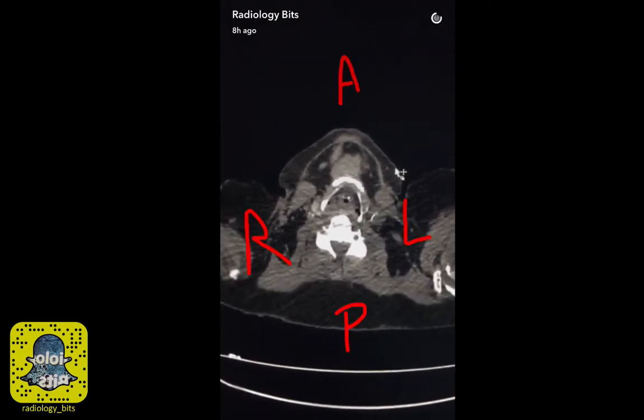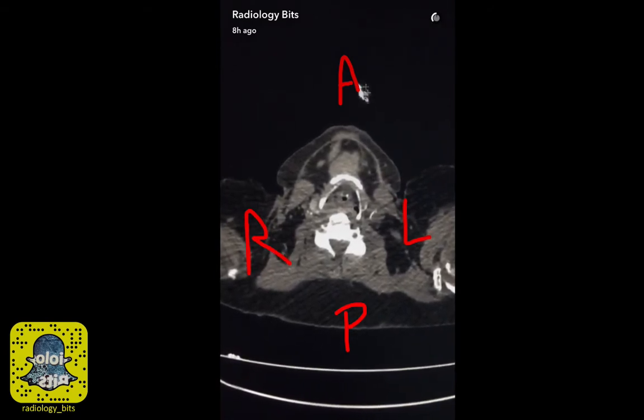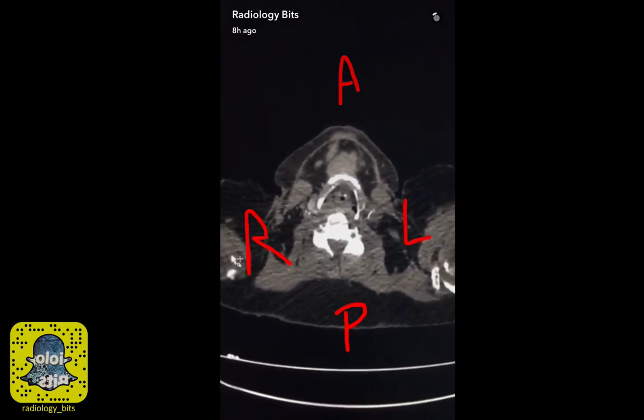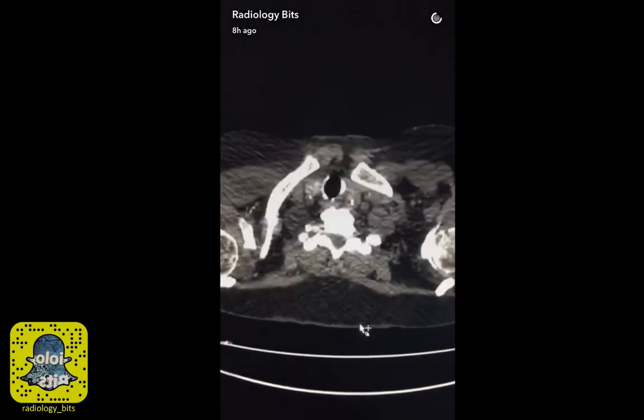This is a CT scan of the chest without intravenous contrast on an adult male patient. This is anterior, this is posterior, this is right, and this is left. I'll give you a chance to look at the study.